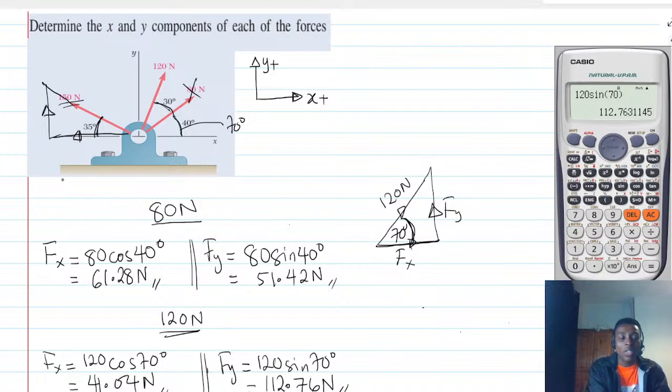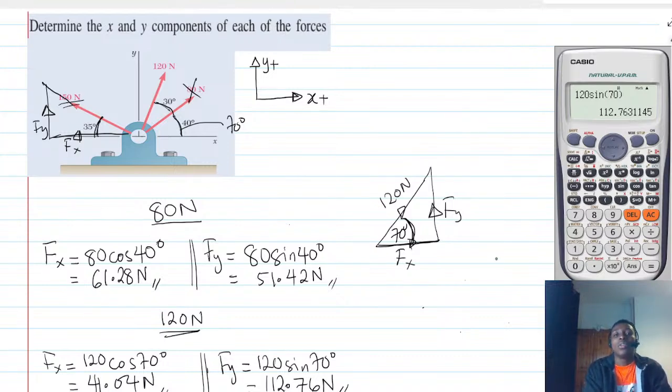Now, interestingly, what this means is that the X component... all right, yes. This is Fx, and then this is Fy.